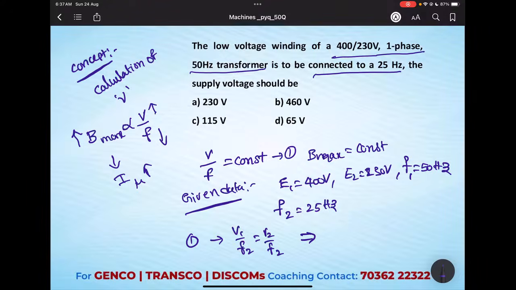They are telling the low voltage winding is going to be connected to the source. What is the low voltage? 230 volts. So V1 is equal to 230 volts, F1 is 50 Hz, V2 we need to calculate, and F2 is given as 25.